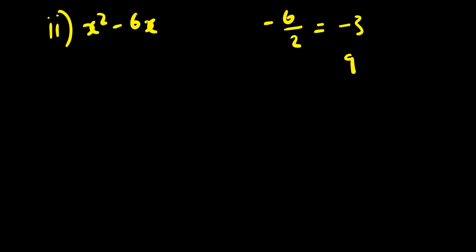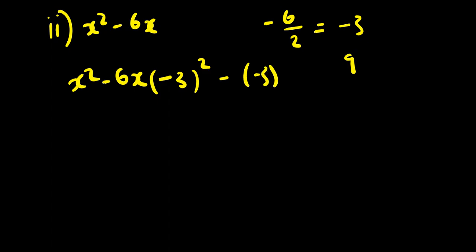So in that regard, what will be our answer? We have x squared minus 6x. When we add and subtract, what are we now going to have? We're going to say negative 3, this will be squared, and we're going to minus that negative 3 squared.